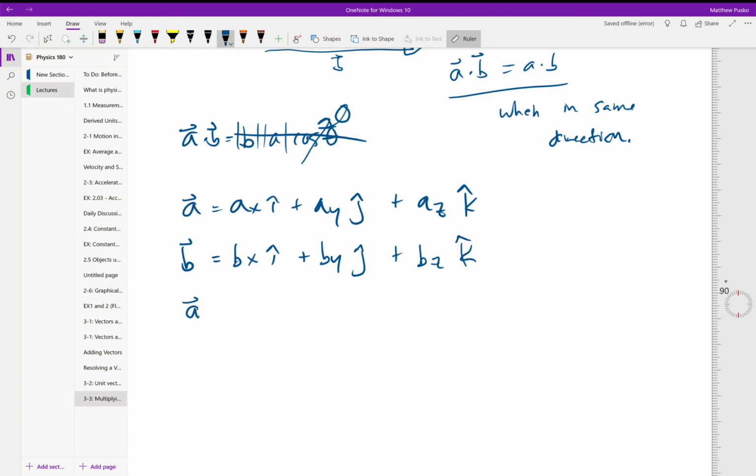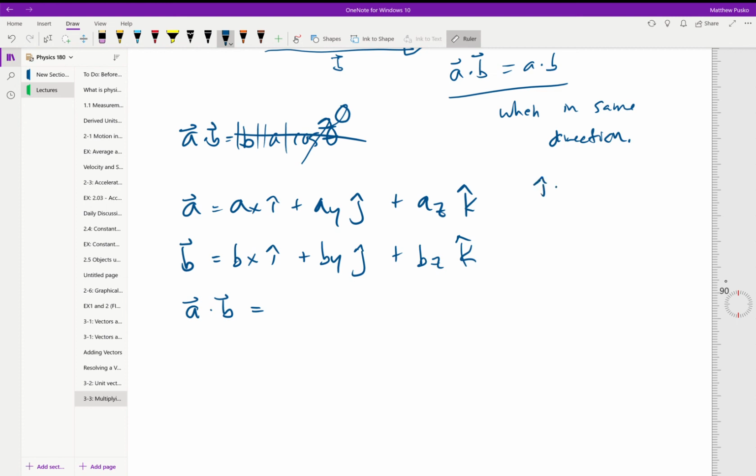If I wanted to dot A into B, all I have to do, since this direction rule I just told you about applies, is remember that if they're in line with each other, they multiply to 1. If they're perpendicular, then they equal 0.